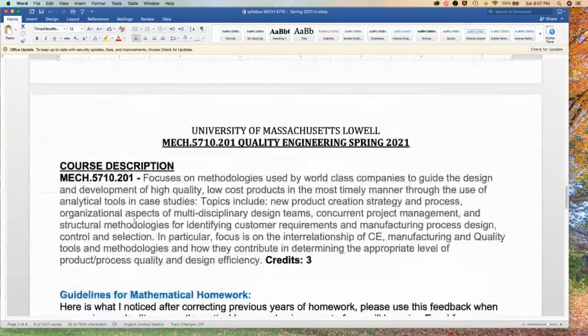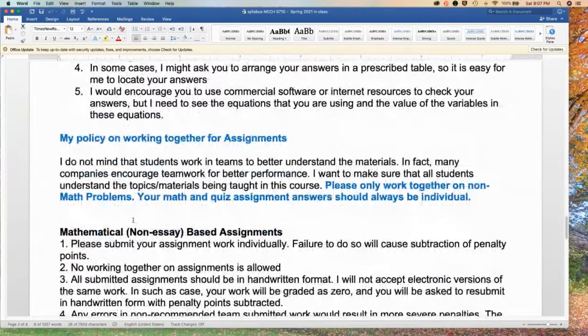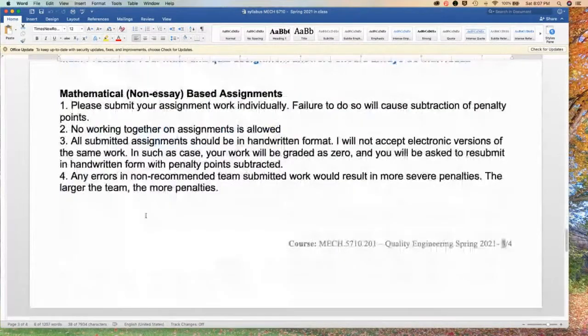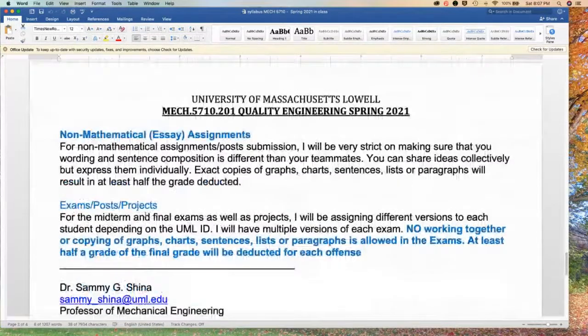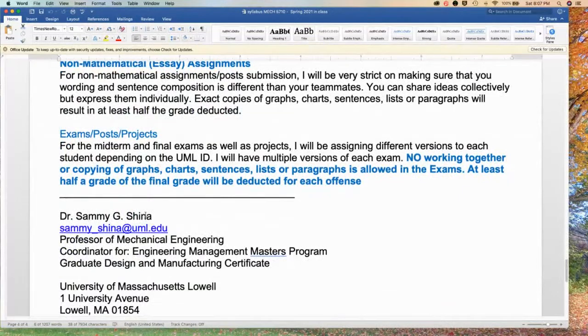Okay. Then the course description, and then guidelines for the homework. And then I have a policy on working together for assignments and exams. And you can read that policy. What I try to do is divide up the exams into several versions, each version to be done by the students whose UML ID last digit matches it.